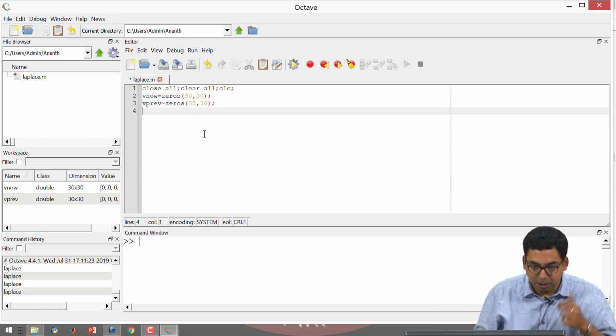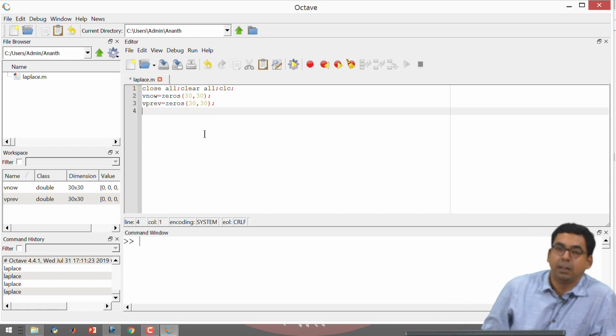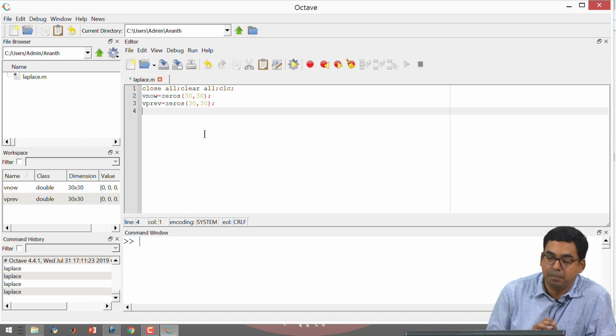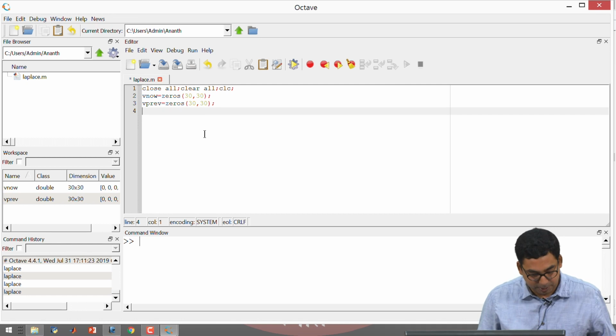Now, I want to set the voltage at the top of this capacitor configuration to be equal to 10 volts. So, I am going to say that V now of 30 comma colon is going to be equal to 10.